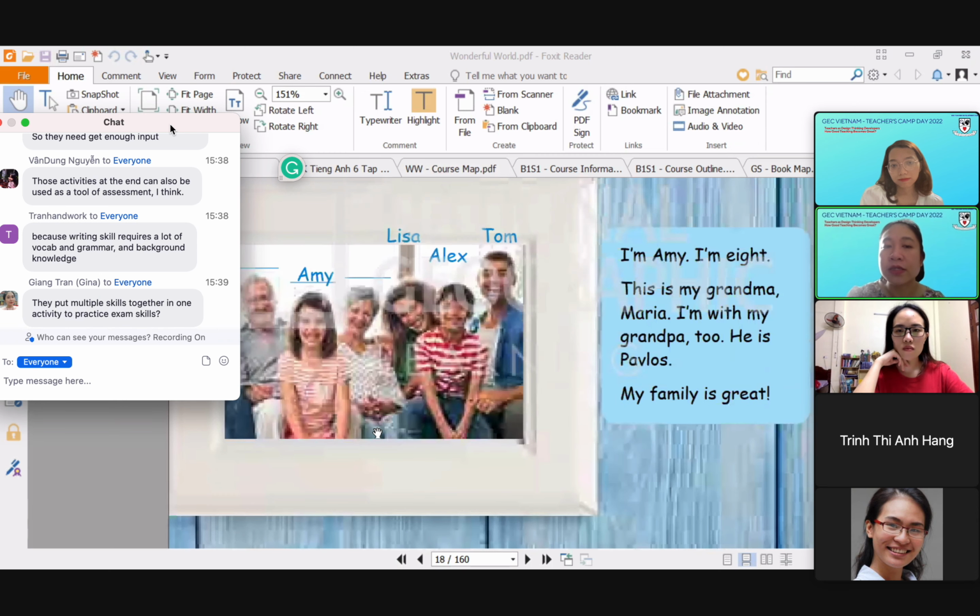So scaffolding assessment, or giving relevant assessment, is very important, because otherwise you organize activities and just keep following the pattern of the book without giving feedback, without giving proper assessment.